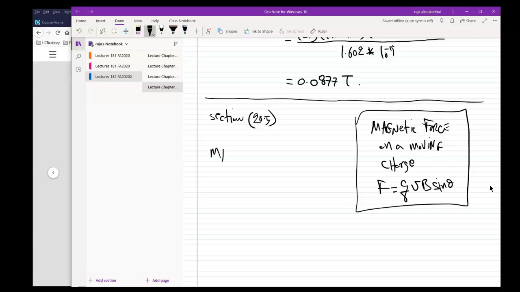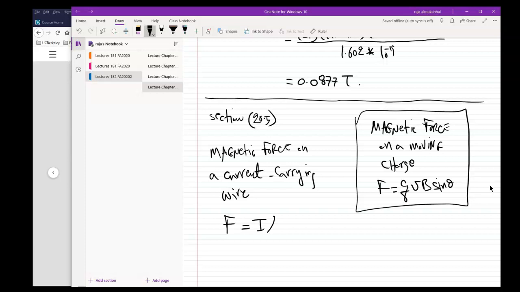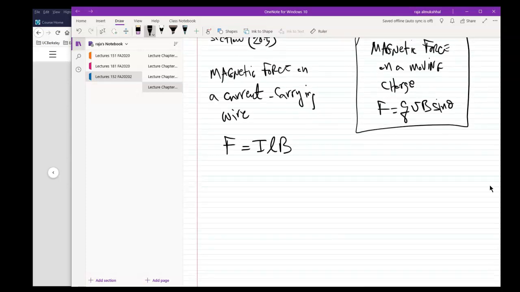So the magnetic force on a current carrying wire is basically equal to F equals ILB sine theta. Okay? ILB. Now, what are I, L, and B? Sine theta, sorry.